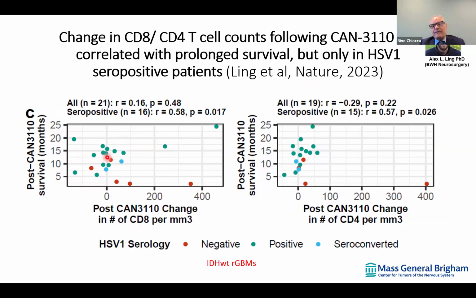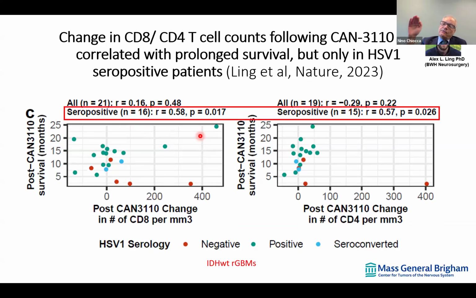We're using this as a continuous variable, which is probably statistically much more significant of a result. Each one of these dots represents a patient, a paired sample, basically. What you can see is that if you look at the seropositive patients, in other words, the patients that survived the longest, the ones whose median overall survival was about 14 months, this was statistically significant. The more CD8 and CD4 change there was in these tumors after injection of the virus, the better the survivorship of these patients.